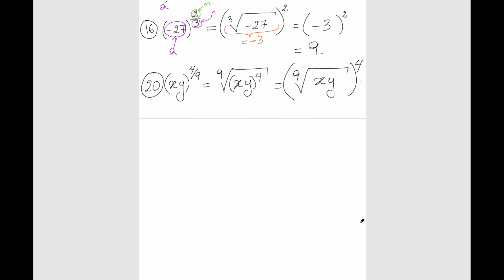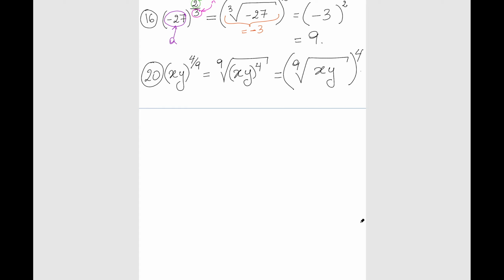All right. Moving on, let's go to number 30. So number 30 here, the question is rewrite each expression with rational exponent. So they are giving us a form like this. We want to go back now.